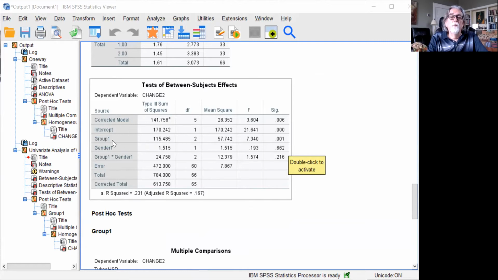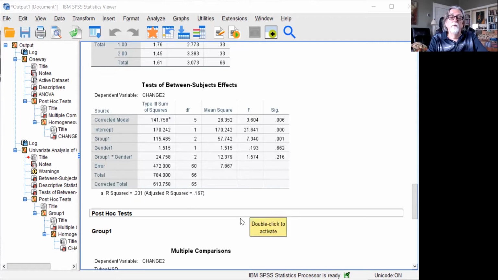Group 1 and gender 1 are called main effects, and group 1 by gender effects are called interaction effects. From this, we know that group 1 is still the only significant effect here. Gender doesn't have an impact, and any interaction between group and gender doesn't have a significant impact.